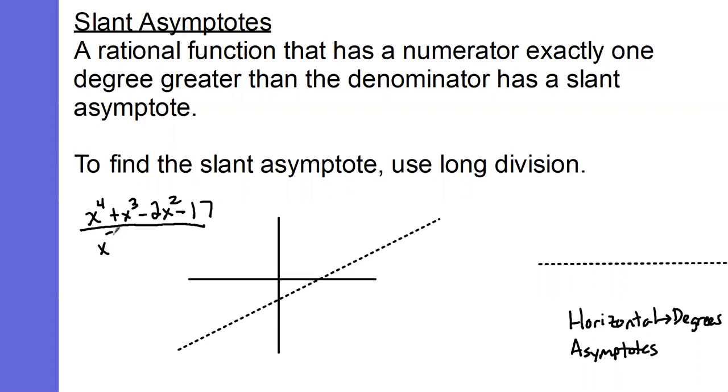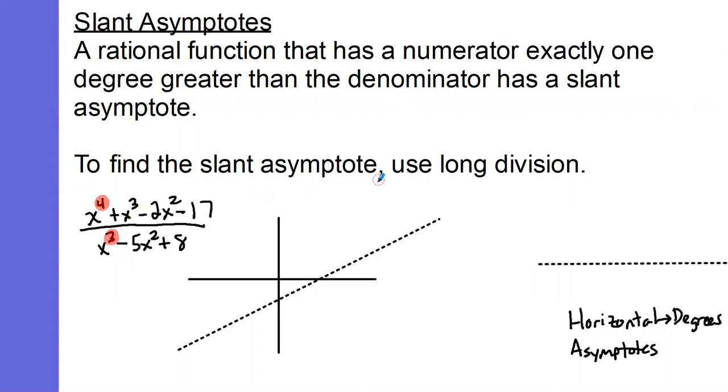If my denominator is something like x to the 3rd minus 5x squared plus 8, that would have a slant asymptote, because the degree of my numerator is 4. It's always my largest exponent. The degree of my denominator is 3. Therefore, the degree of the numerator is exactly 1 degree greater than the denominator.